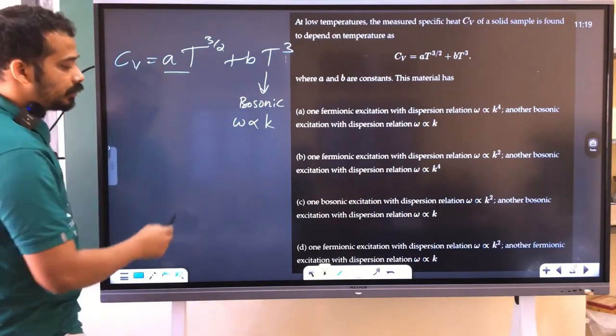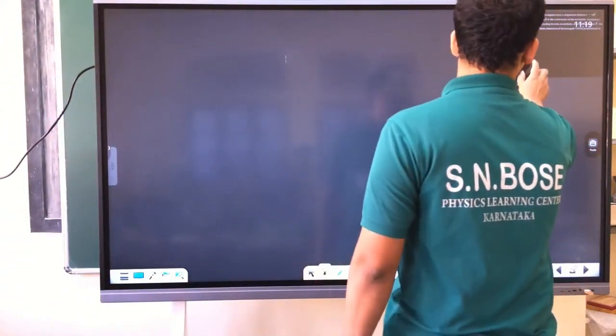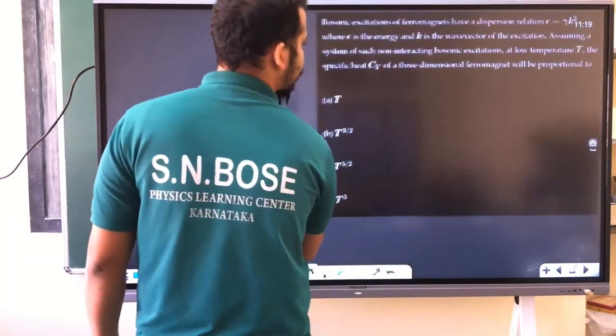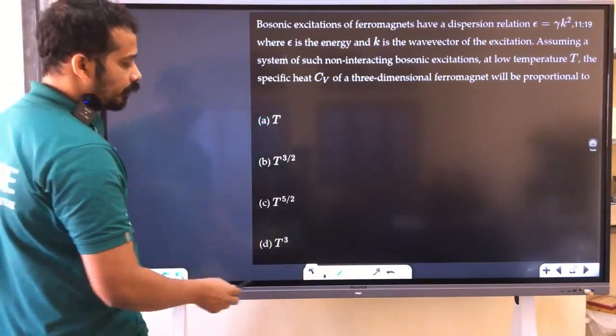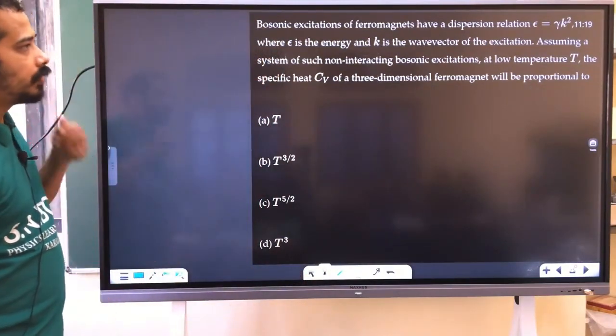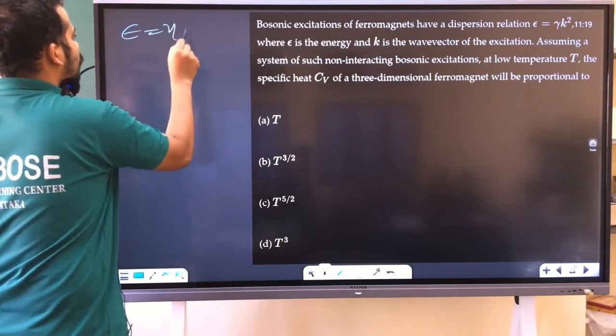Now this was the next question, I think. First we shall do this question. Bosonic excitation of a ferromagnet. I told you, some spin wave. So the dispersion relation is E is equal to gamma k square.